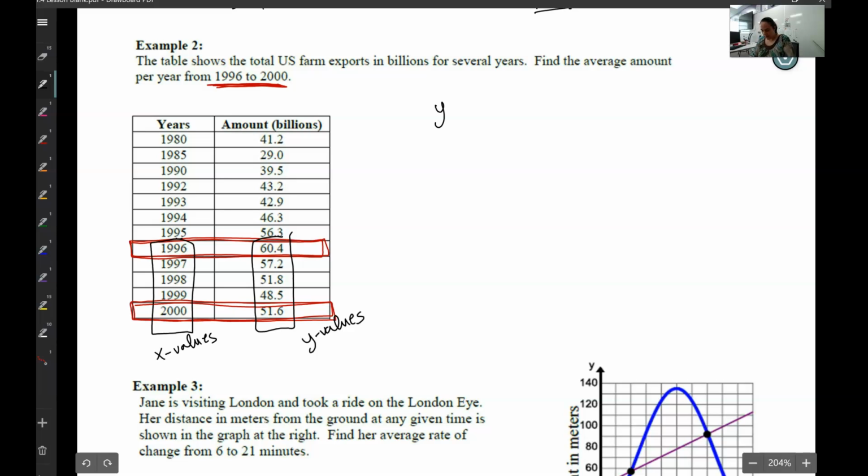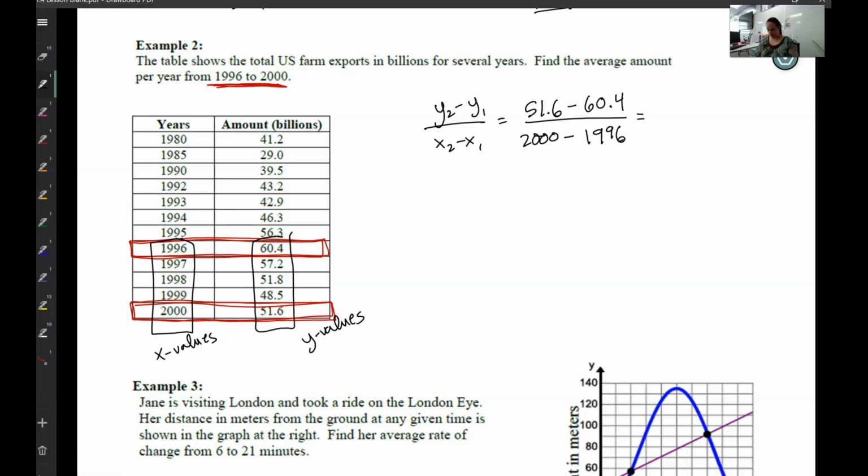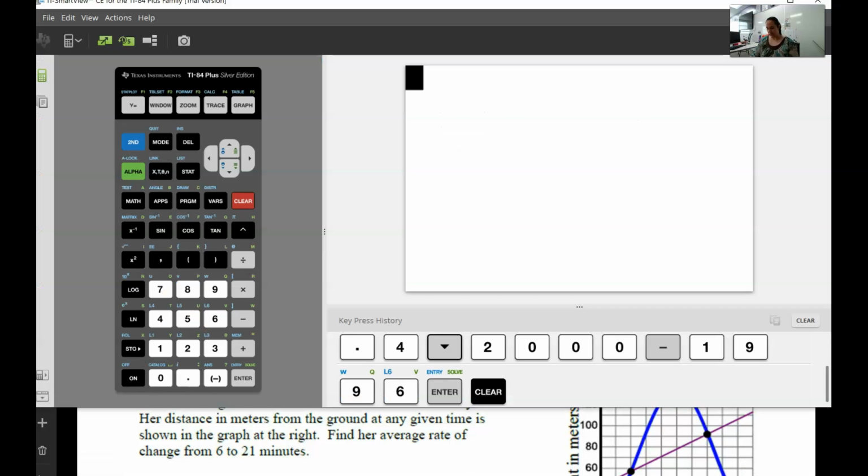And now I'm going to do the same thing, same equation. So my second y value is 51.6 minus my first y value is 60.4. All over my second x value, which is 2000, minus my first x value, 1996. Now, I'm definitely not going to try and simplify that in my head. So let's do a calculator example real quick.